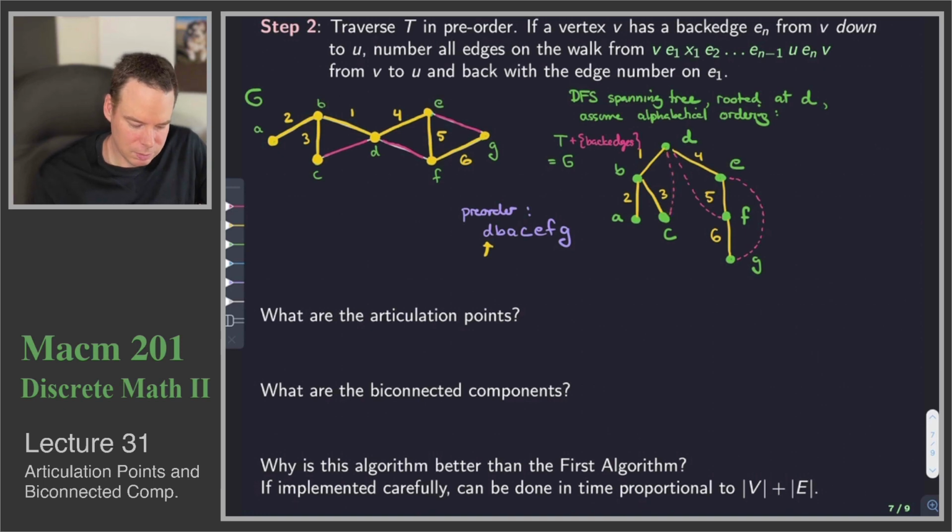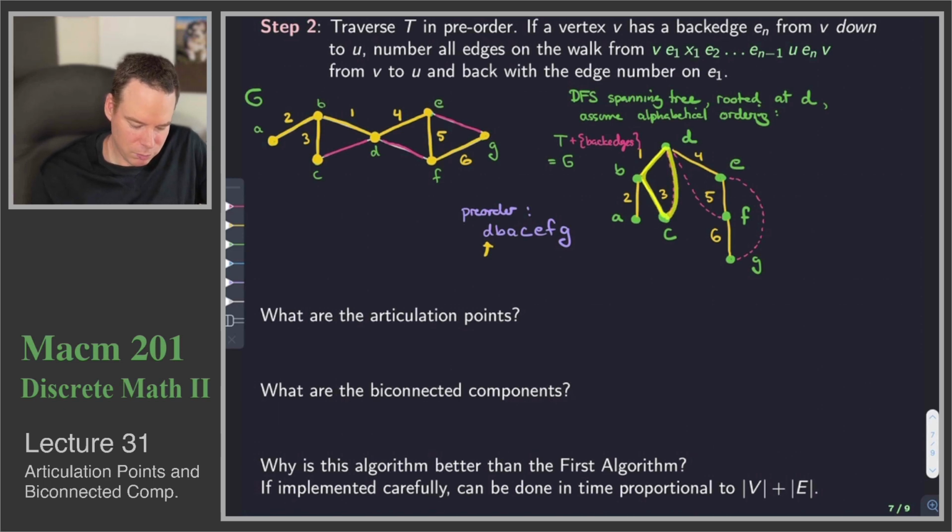Okay, so then it says, look at the walk that goes in this way. It goes down the tree, and then the last thing it does is come up along that back edge. So notice the back edge is EN, and that's the last one here in our walk. So this is now walk down the tree and come back along that back edge.